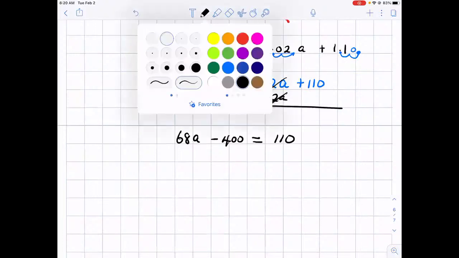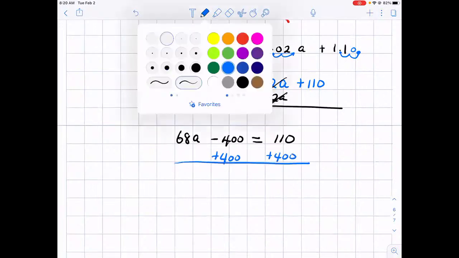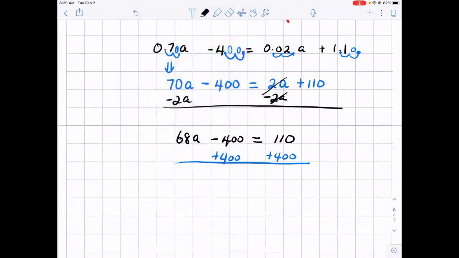So now I'm going to move the negative 400 across the equal sign, so I have to add 400 on both sides. And if we do that, we have 68a, this becomes 0, is equal to 400 plus 110 becomes 510.